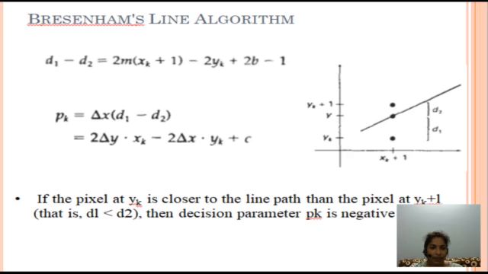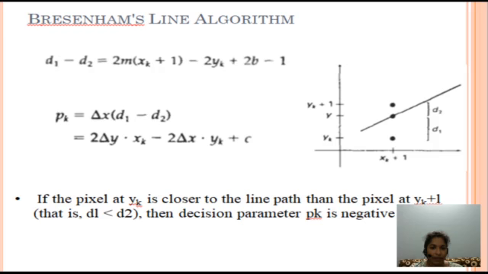When you substitute this, we get the equation like this, because some of the terms are constant. When you remove the bracket you get 2m, which is constant. Then xk is not constant, so that value will come. And 2b - 1 again is constant, so that is why constant c is written here.